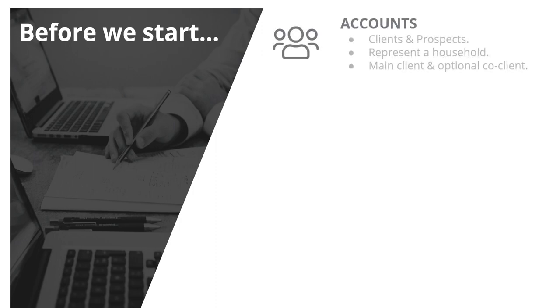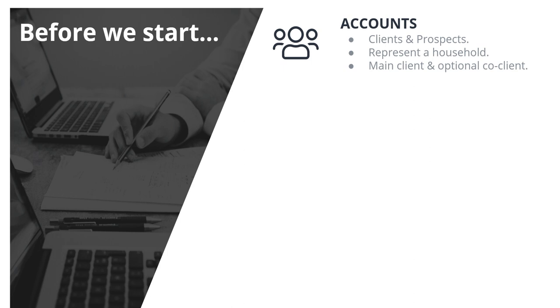Now, before we start, let's go over a few definitions of terms that you'll hear and see often during this webinar. The first is accounts. Accounts are your client or prospect household records. Other applications may refer to them as just clients or households, contacts, or records.